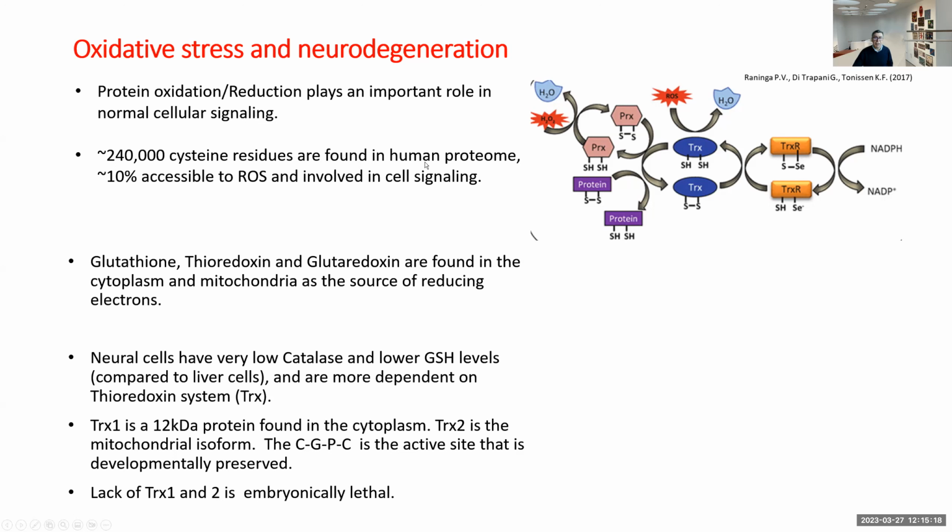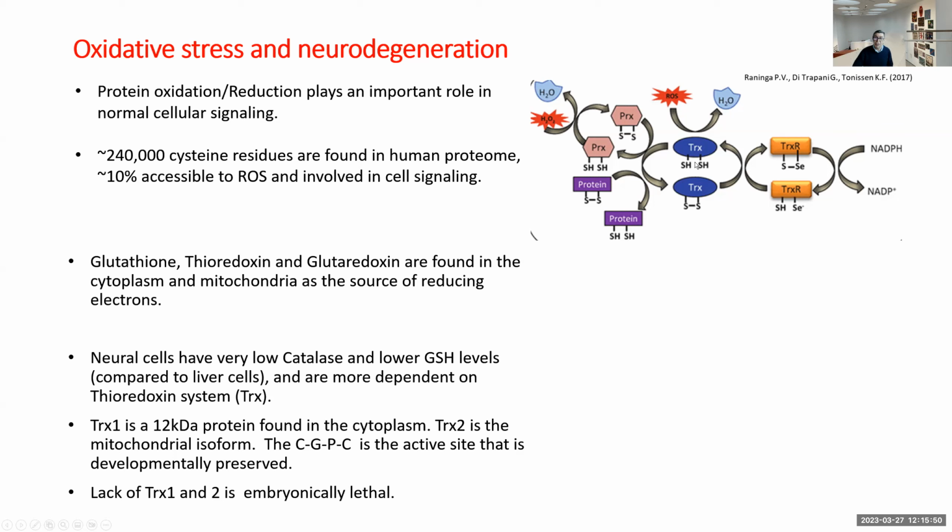That is really a jump in content compared with lower vertebrates and bacteria. Only about 10% of these cysteine residues are accessible to ROS, and they can be involved in cell signaling. So they will be oxidized, and then thioredoxin, having a low redox potential, can go and rescue these proteins from further oxidation.